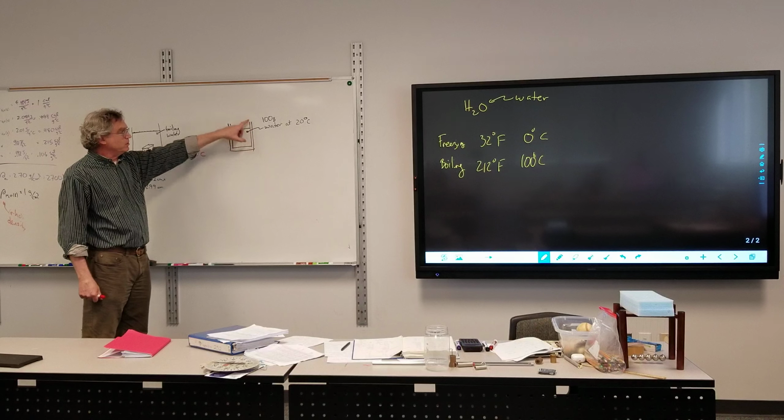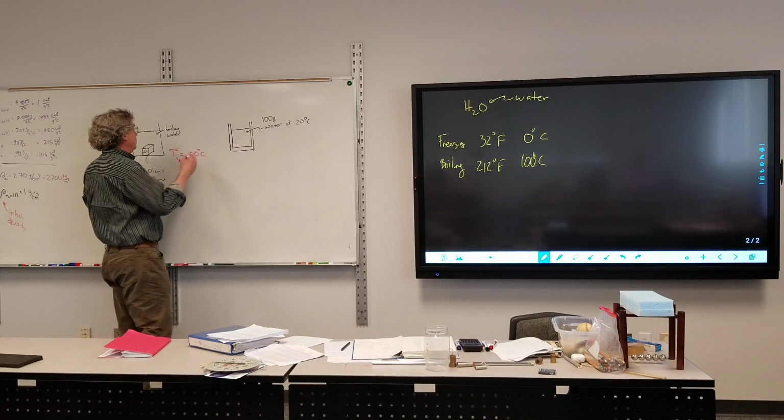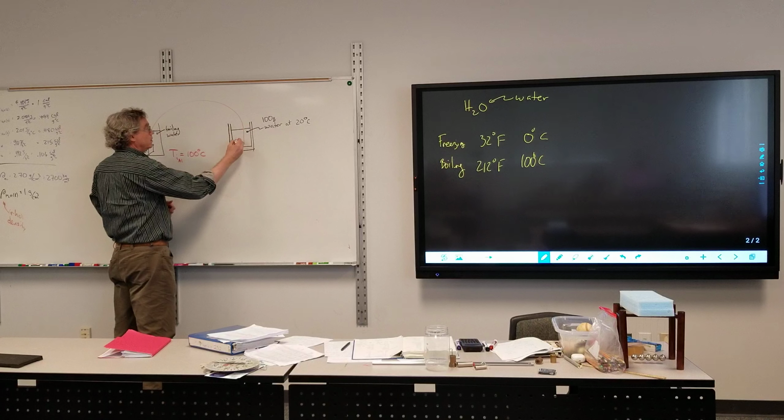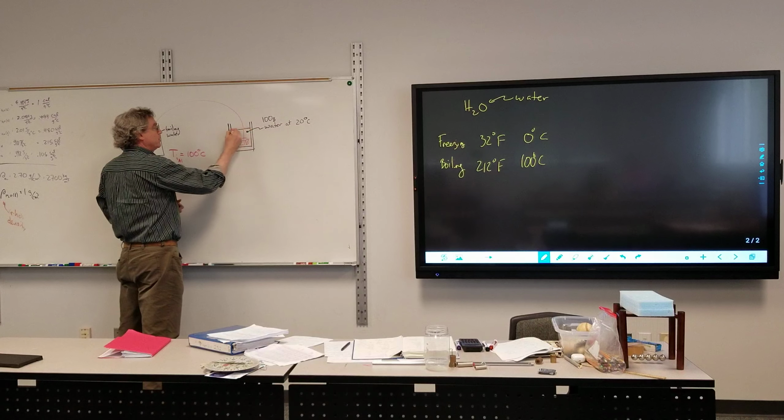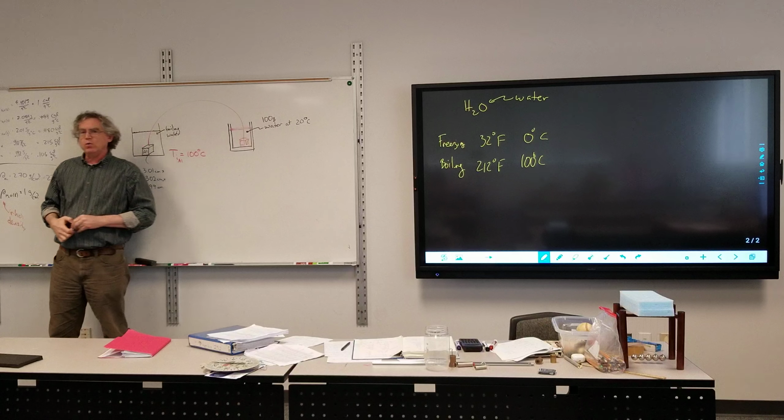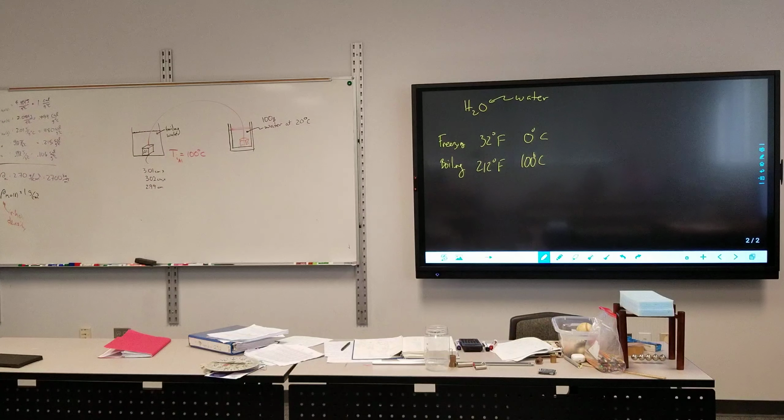I've got this extra insulation here, and then we're going to cap it so that no heat escapes. Through the magic of the board, I'm transferring it and maintaining its temperature until it gets in the cold water. In reality, when you do the lab, you just have to transfer it very quickly.